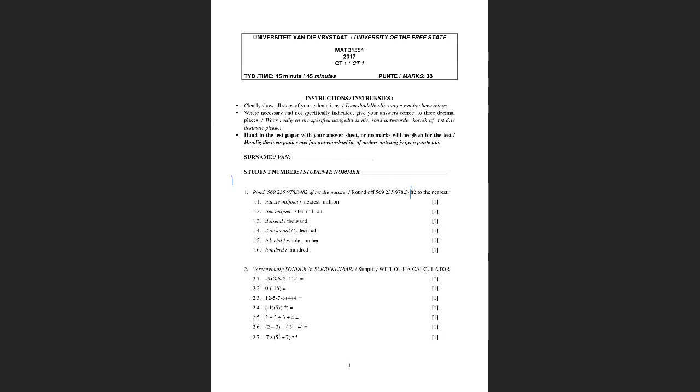So 1.4, to 2 decimal places, we are going to have 5, 6, 9, 2, 3, 5, 9, 7, 8, comma, 3, 5. Yes, any questions there?